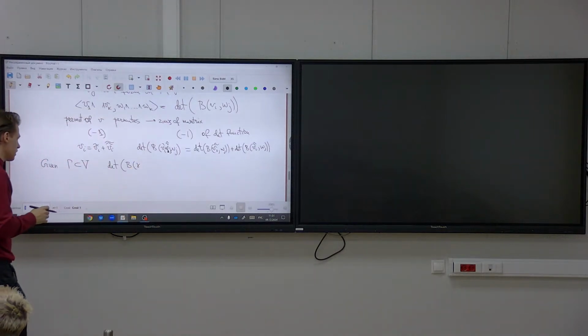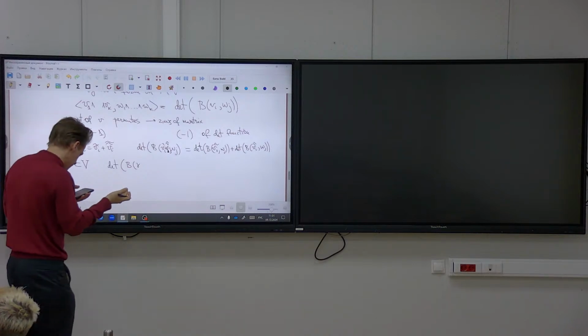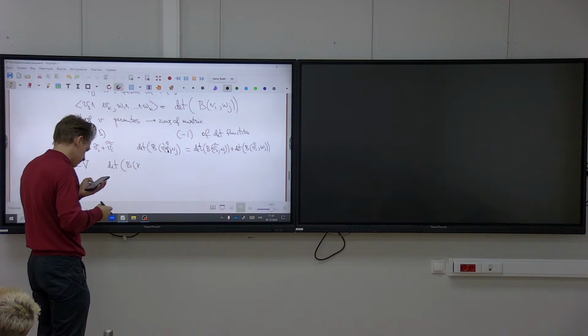So you can calculate the determinant for all possible bases.